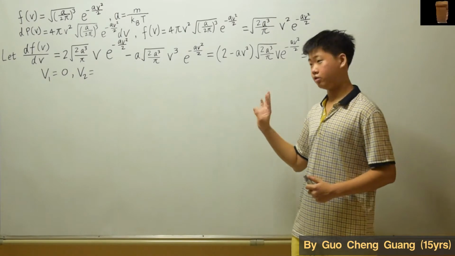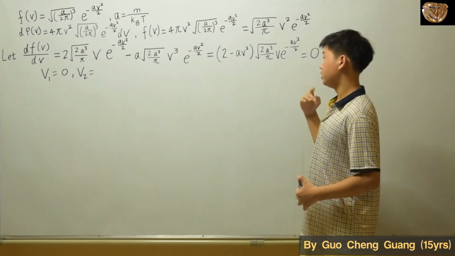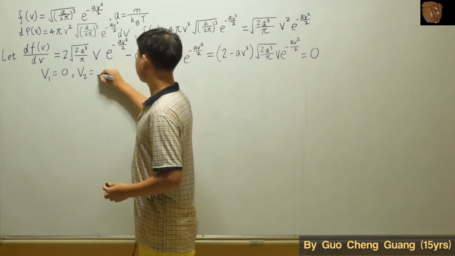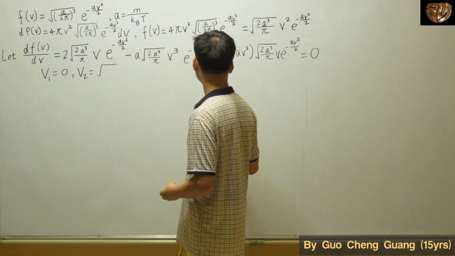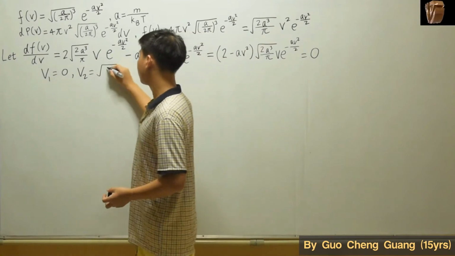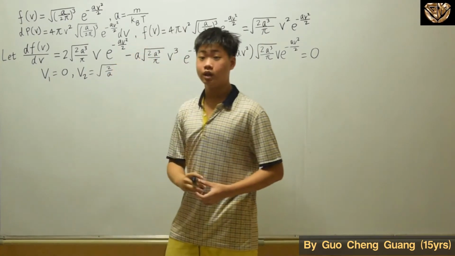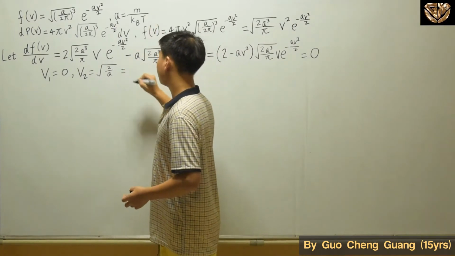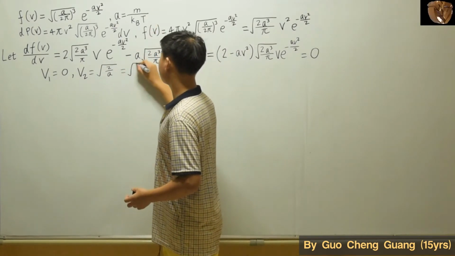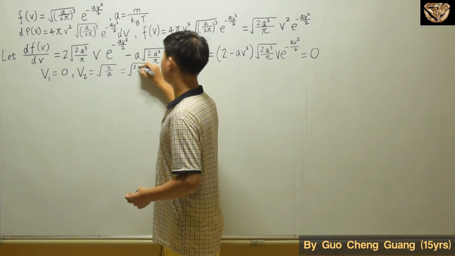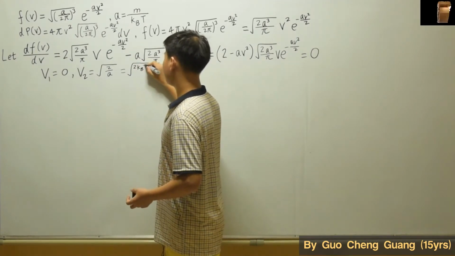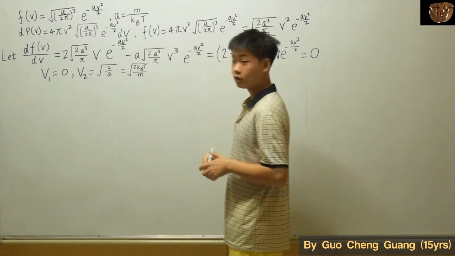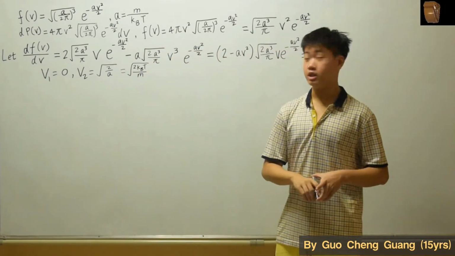And doing a little bit of shuffling around, you're going to have v squared is equal to 2 over a. So v is equal to square root 2 over a. And a, you put this back here, and you're going to see square root 2 Boltzmann constant times your temperature over m. So this is another v that we're going to see.